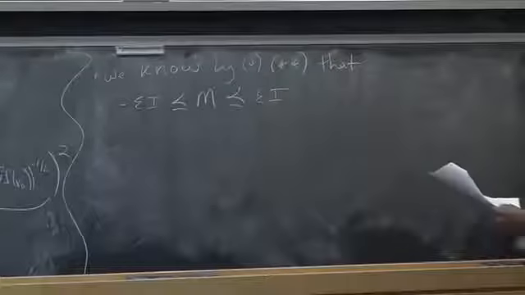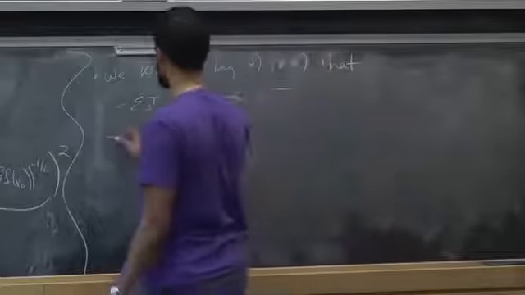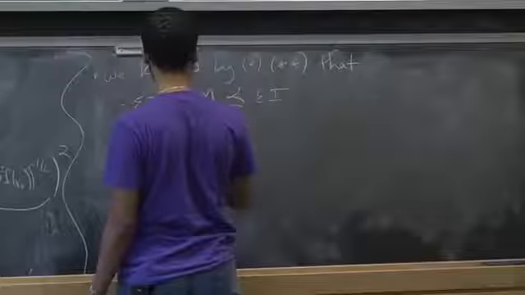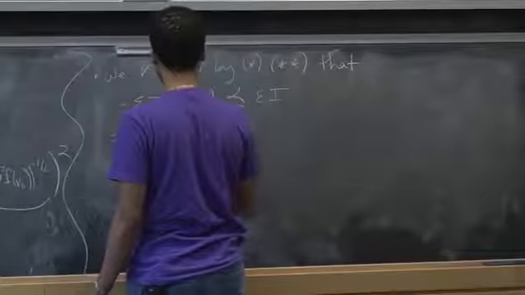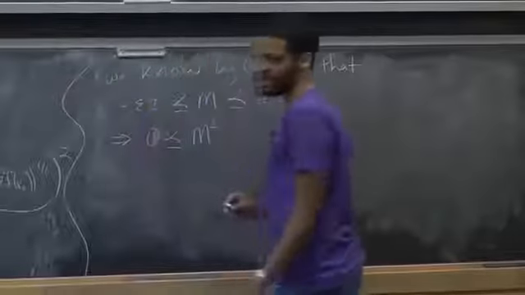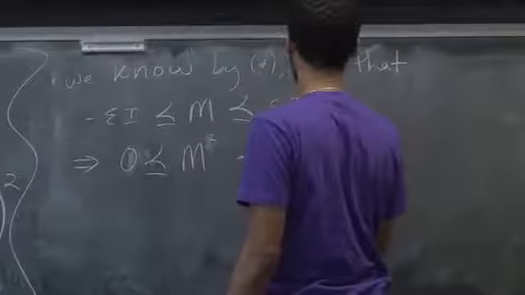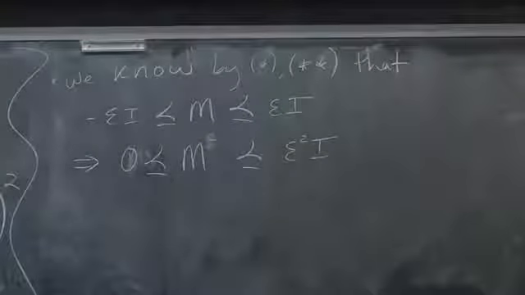But here we have M squared. So that implies that M squared, certainly, is at least 0. M squared is a PSD matrix, and it's at most epsilon squared I. Good.